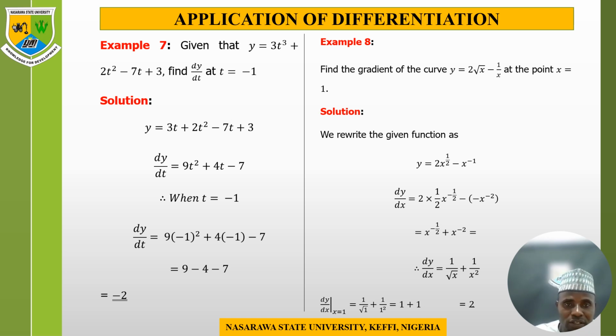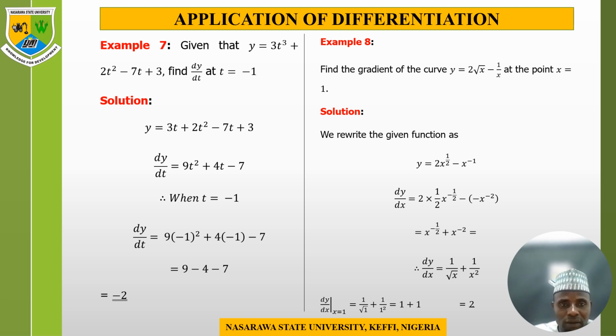Another example is given: y equals 3t cubed plus 2t squared minus 7t plus 3. Find dy/dt at t equals minus 1.